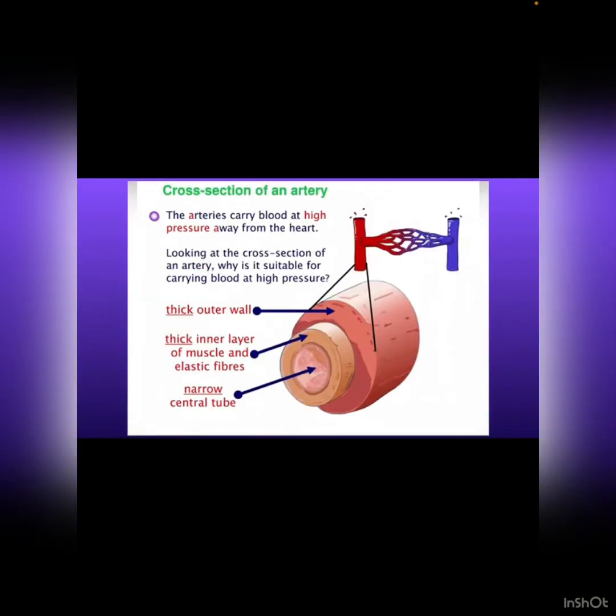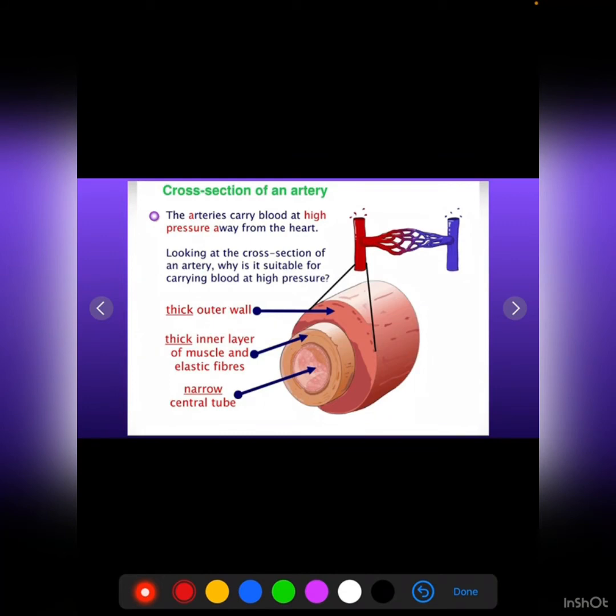And there are three types of blood vessels: arteries, veins and capillaries. Arteries carry pure blood and veins carry impure blood. Arteries carry blood at high pressure because they have a thick outer wall, thin inner wall and narrow central tube, which allows the blood to flow at high pressure.